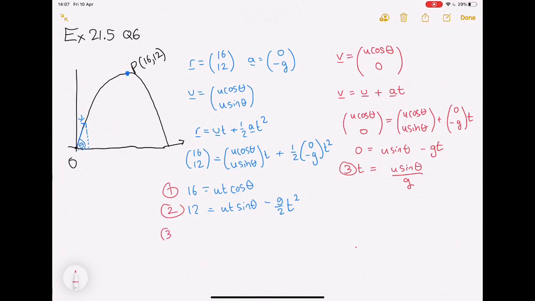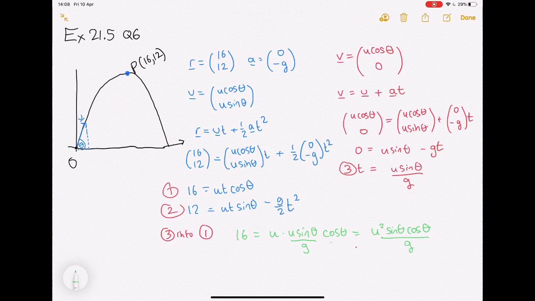Putting 3 into 1, we get 16 equals u times t, which is u times u sine theta over g times cos theta, which is u squared sine theta cos theta over g.